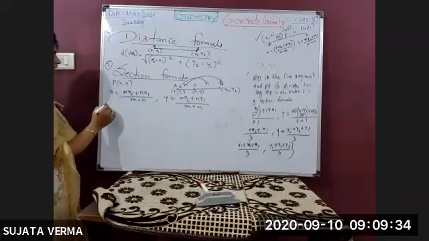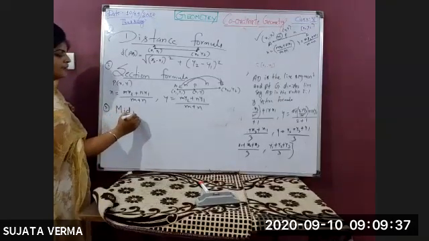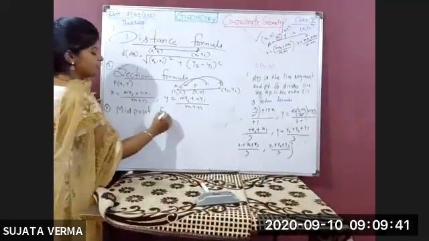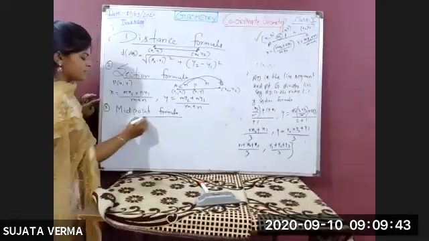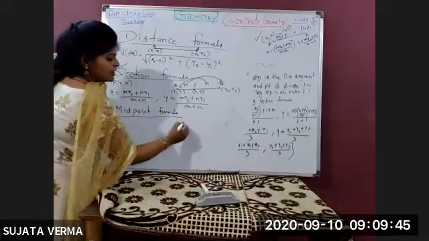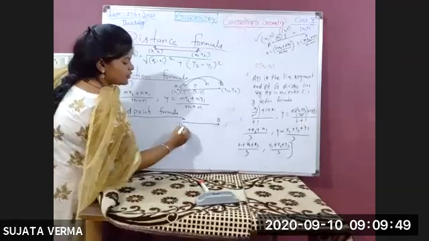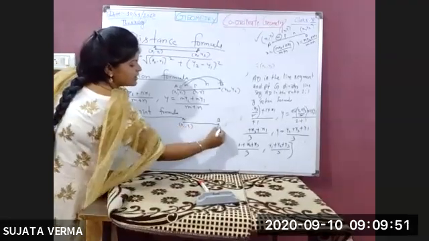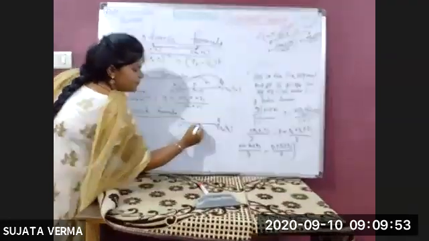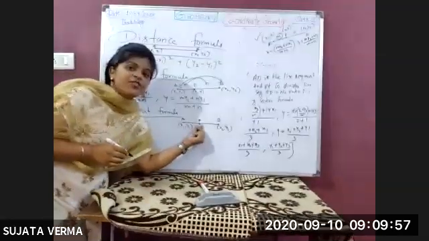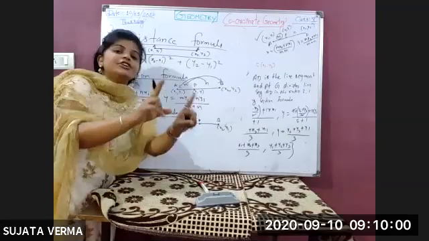Third formula is the midpoint formula. Yesterday we derived these two formulas. Here is line segment AB having coordinates x1, y1 and x2, y2, and P is the point which divides AB into two equal parts.